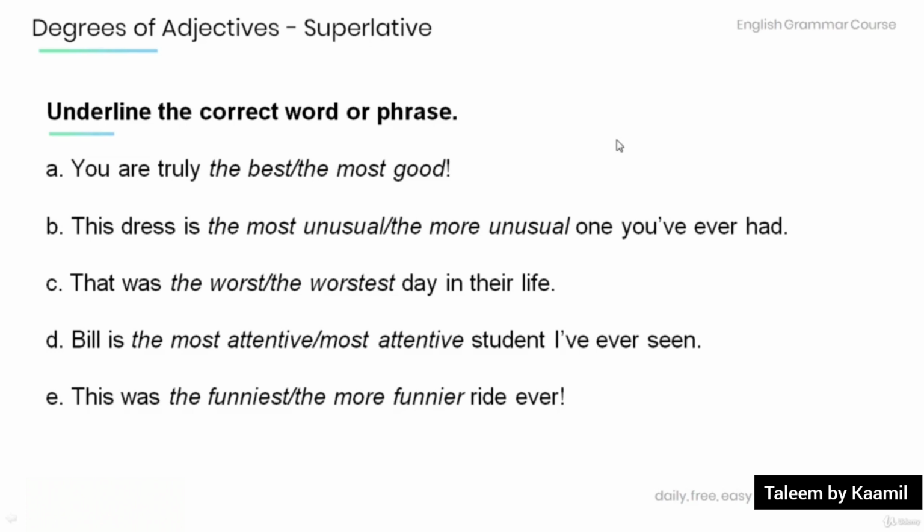And now, time for you to practice on your own. Read the following sentences and underline the correct word or phrase. A. You are truly the best, the most good. B. This dress is the most unusual, the more unusual one you've ever had.